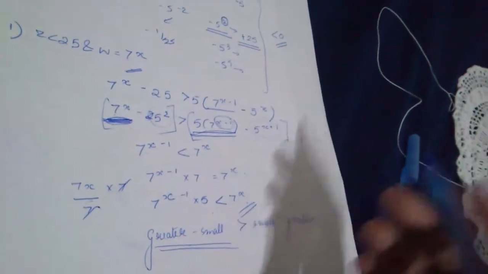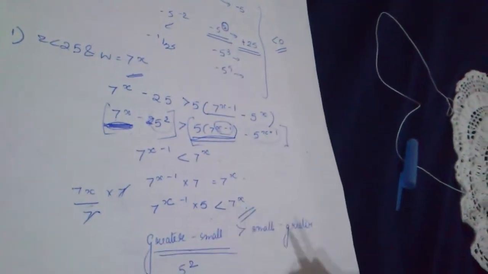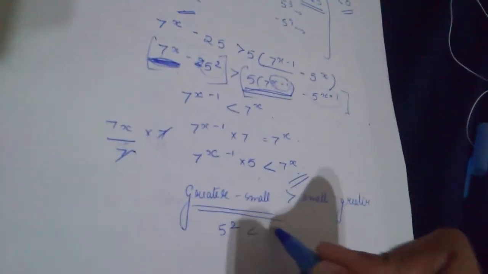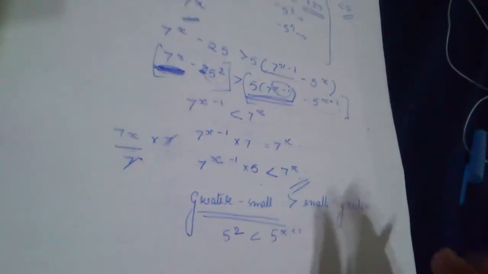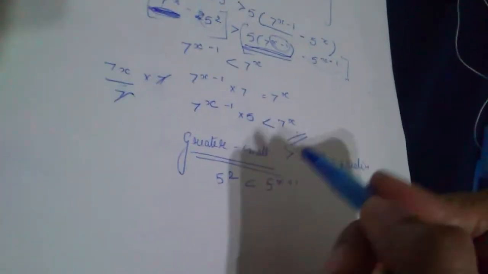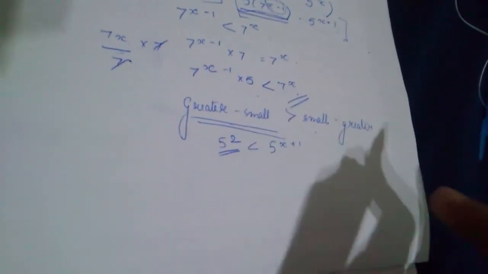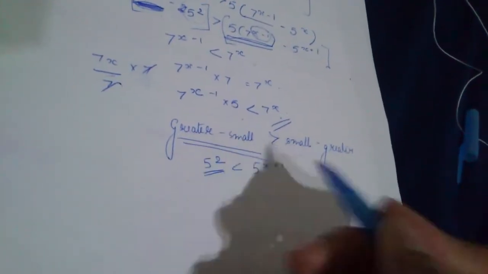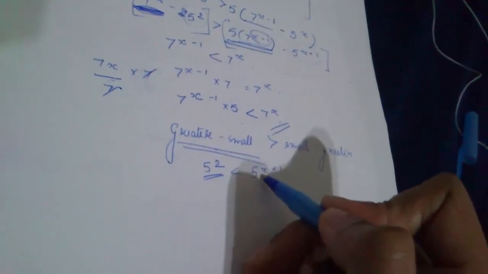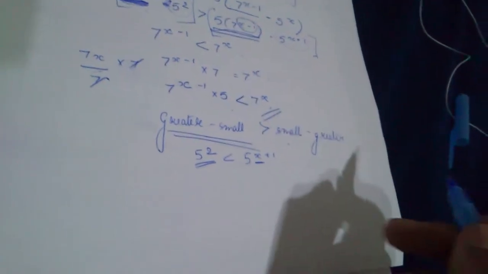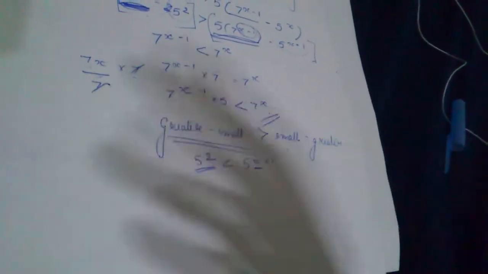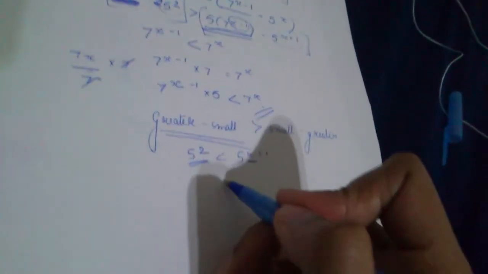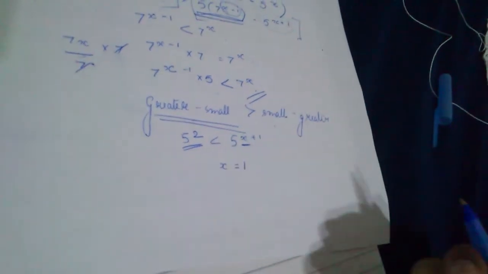Now, how do you prove whether 5 square is smaller than 5 raised to x plus 1? See, here again, we know that 5 square is not exactly the value of z. We know that z is less than 5 square. We also know that x is a positive integer, so x has to be at the minimum 1.